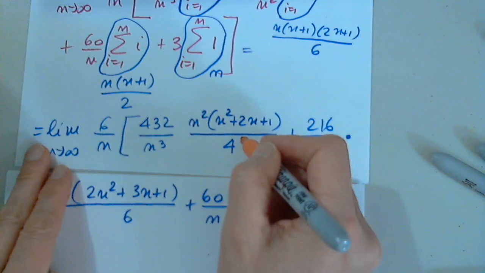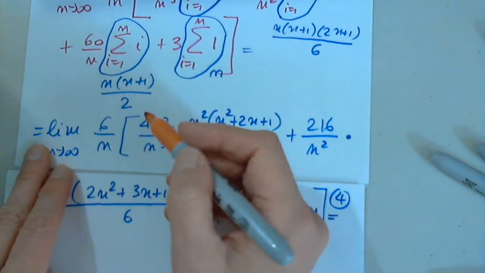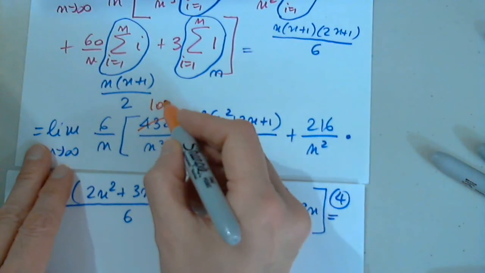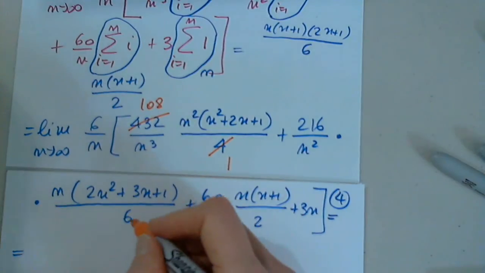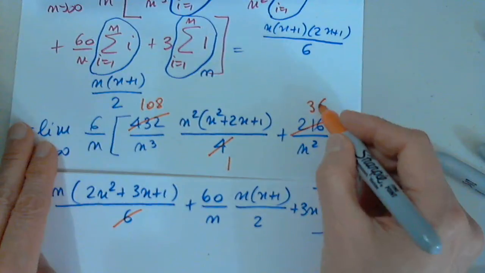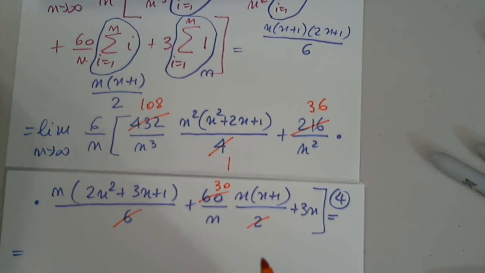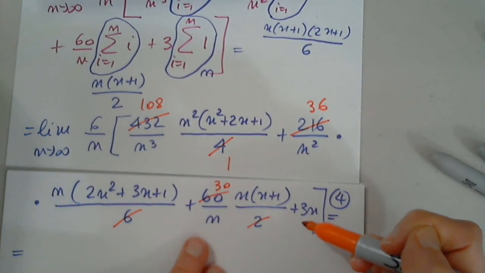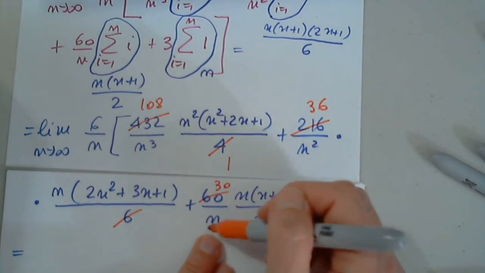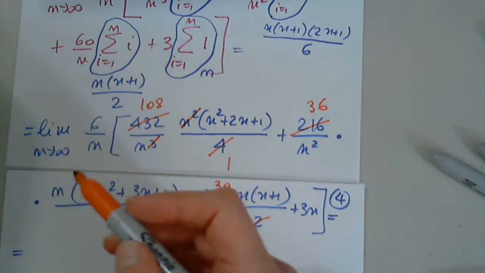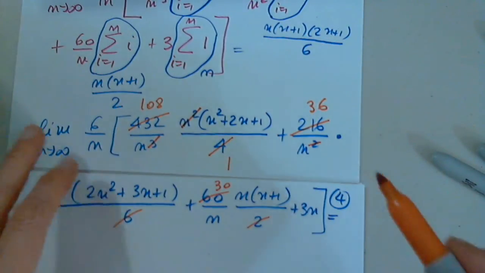So I can get rid of these numbers, and I got 108. 432 divided by 4, yes. I can simplify this and I get the 36. And I can simplify this and I get the 30. Okay, awesome. n still stays. This I should not simplify, but I simplify 2 from here with 2 from here, 1 from here with 1 from here.